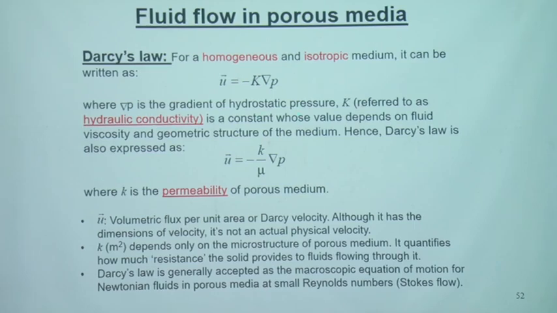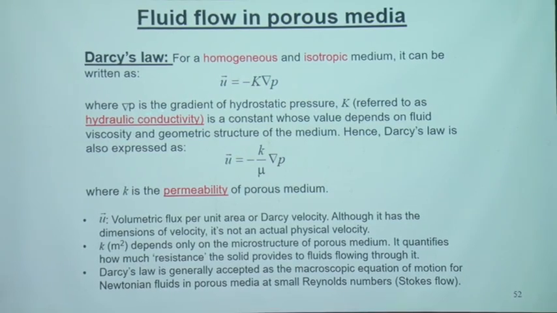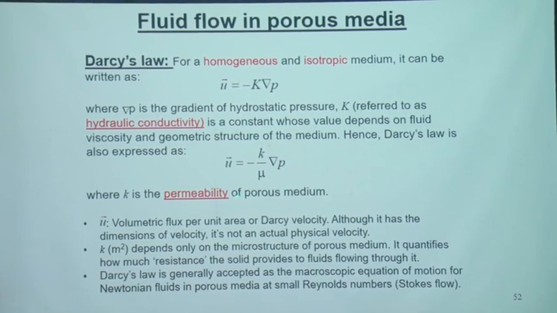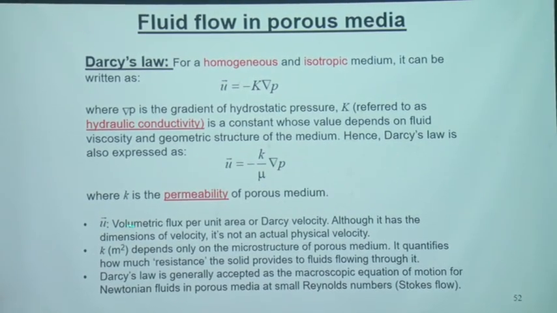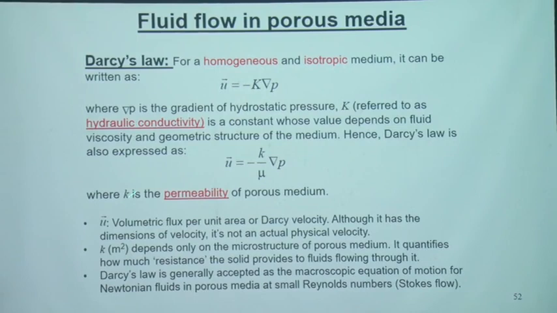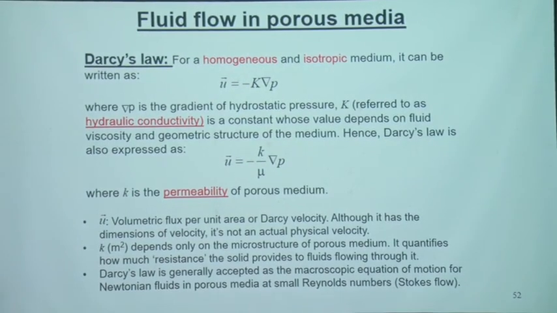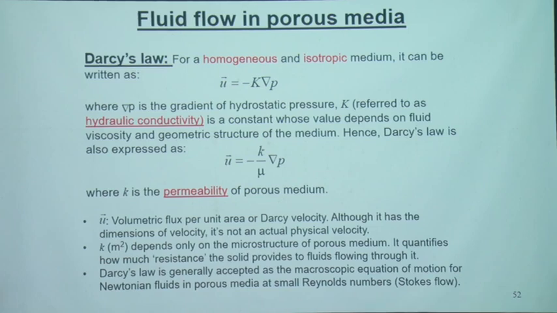And here you have the hydraulic conductivity, right? The hydraulic conductivity can be related to the permeability of the porous medium, and that can be calculated depending on the pore structure of the tissue or the material that you are analyzing.